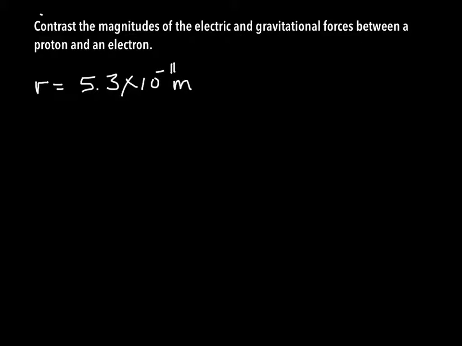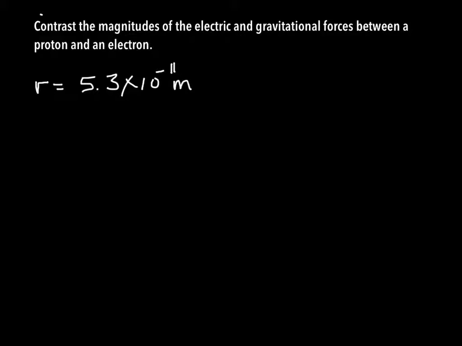That's about the distance between a proton and an electron in a hydrogen atom. So we want to find the magnitude of the electrical force and the gravitational force between them. Then we're going to compute the acceleration caused by the electrical force on the proton, and then repeat that for the gravitational acceleration.